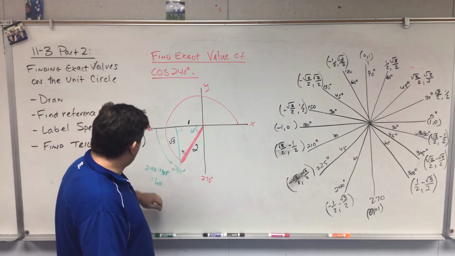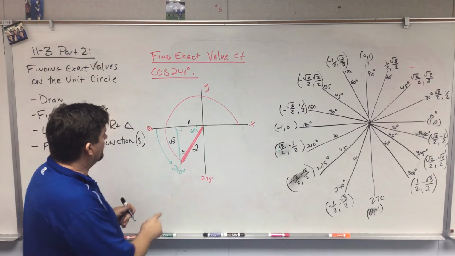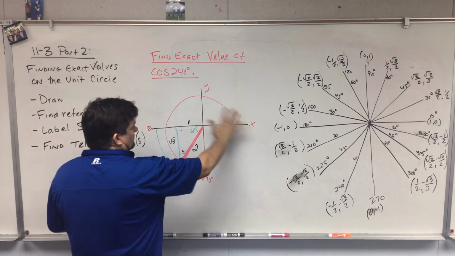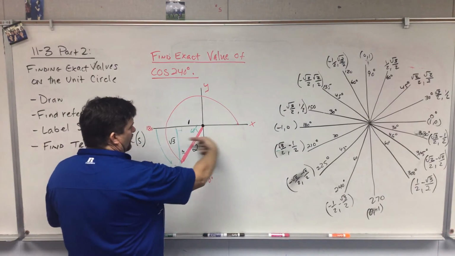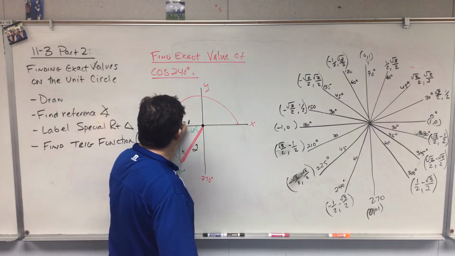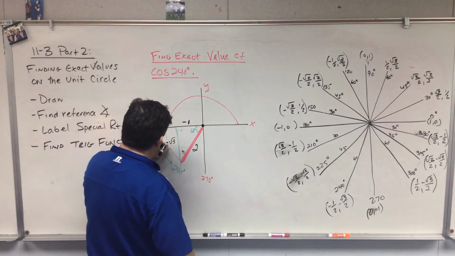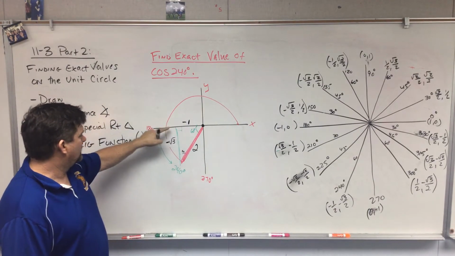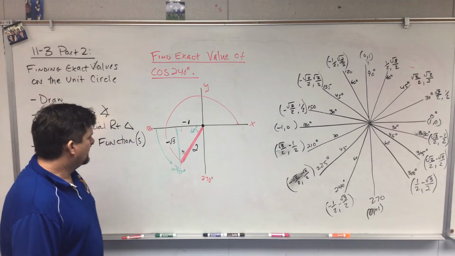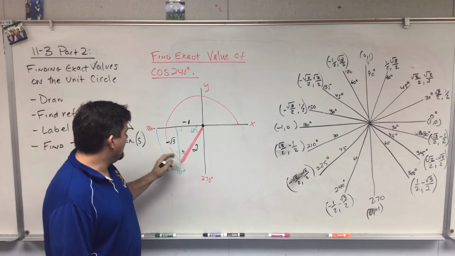So if we're looking at this, let me erase that. Let me stop right there. This is the origin. I went left, so this is negative. I went down, so this is negative. X value is negative going left, Y value is negative going down. And so then I ask for the cosine.